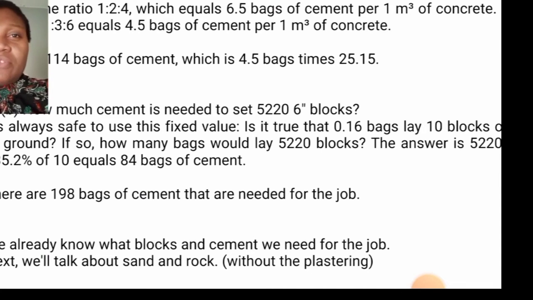That will give you 84 bags of cement. So in total, you'll be needing 198 bags of cement. That is 114 for the concrete, then 84 for the blocks. Altogether it is 198 bags of cement for this fencing.